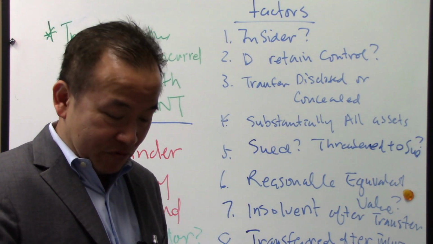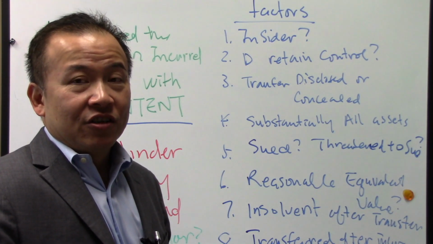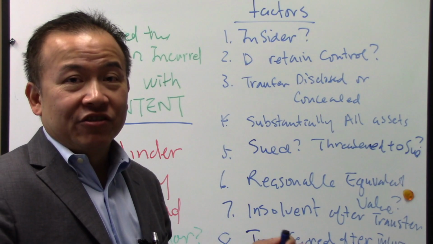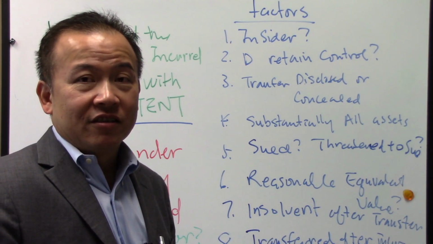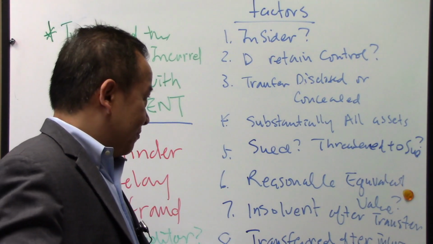That's a very legitimate reason. That does not necessarily mean that he transferred with the intent to hinder, delay, or defraud the creditor. So it depends on how much of the assets they transferred.